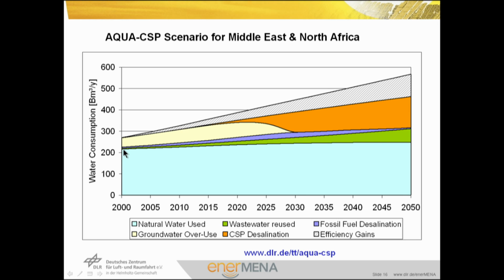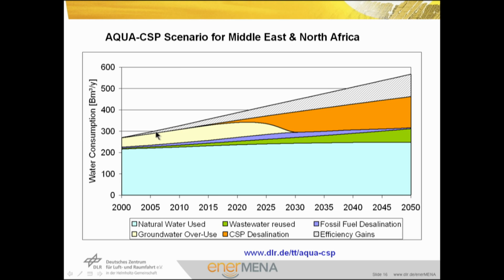We have a significant but more or less constant and already used amount of natural, renewable water in the region. This is groundwater and surface water that is renewable every year. Already today there is a big overuse of water, which is the yellow area, and this overuse of groundwater will still increase in spite of measures for efficiency and in spite of using fossil fuel desalination systems and wastewater reuse increasingly in the region.